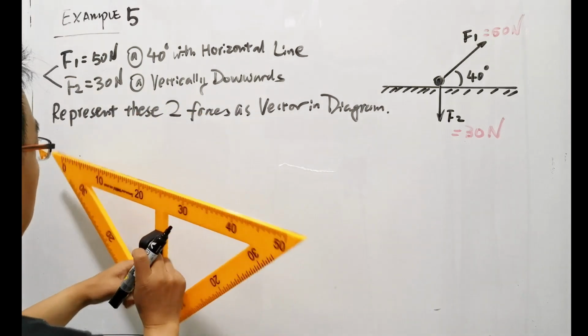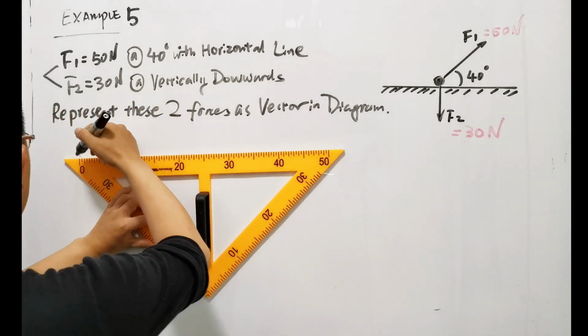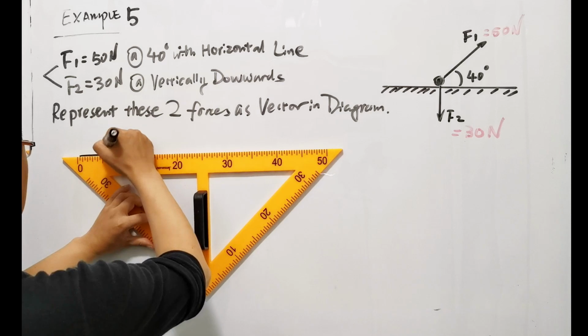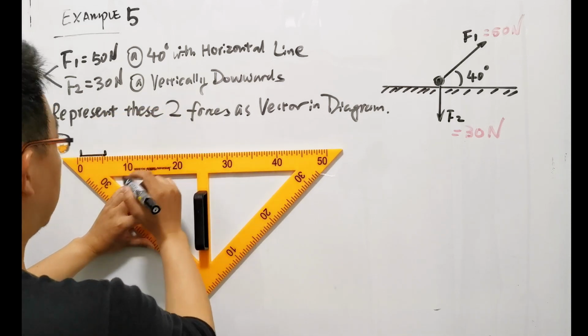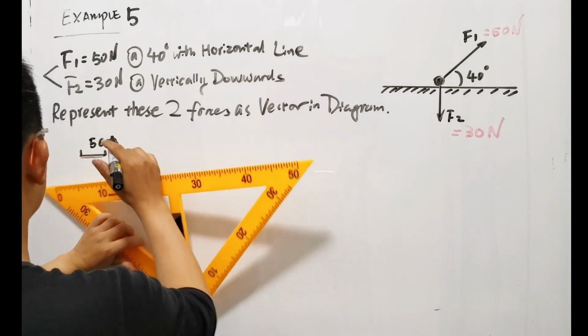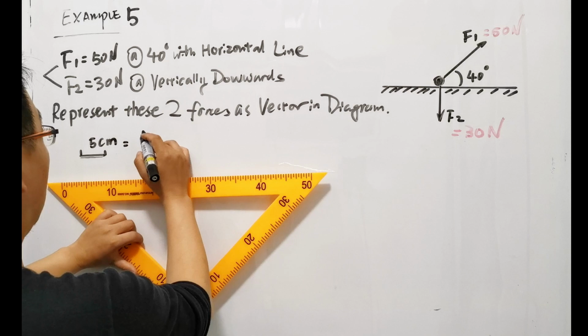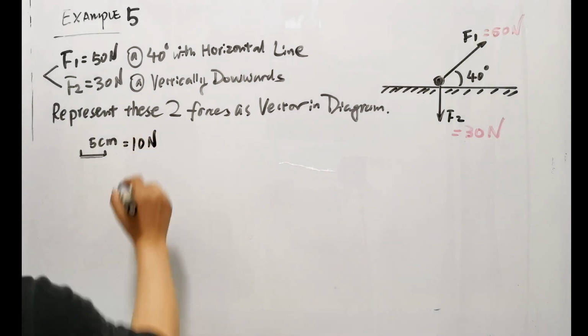So that is this direction. This is actually 5 cm. So 5 cm equals 10 Newtons.